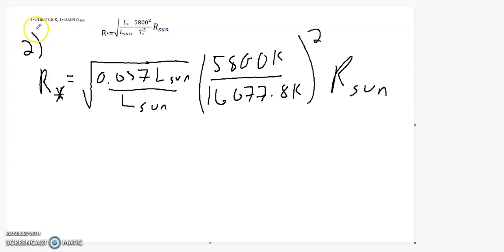All right, so taking the information from the problem, here's the temperature of the star. It's usually given as T asterisk. Of course we have to square it. There's, of course, the temperature of the sun, 5,800. We have to square that.